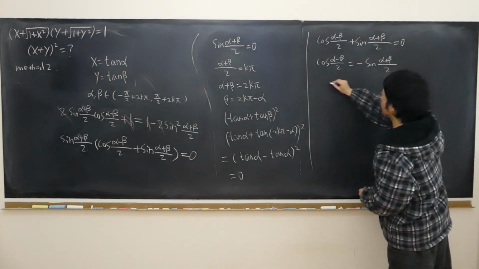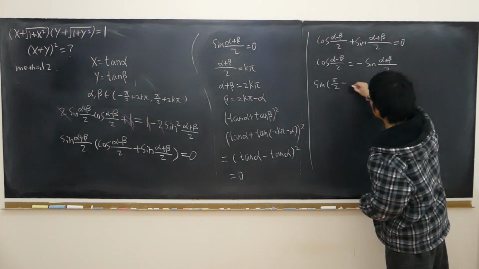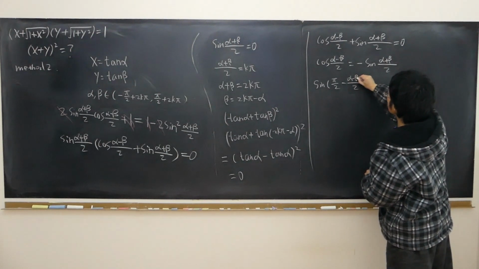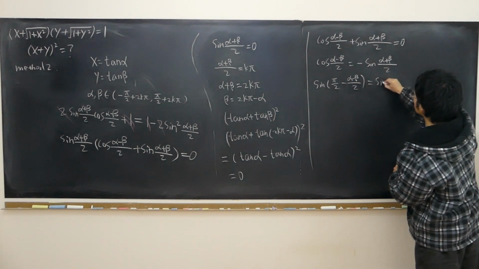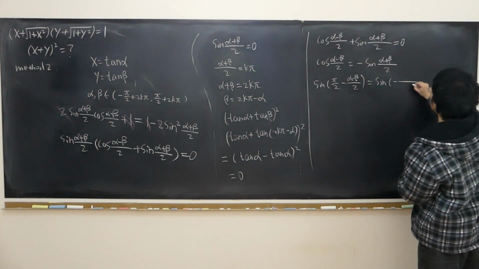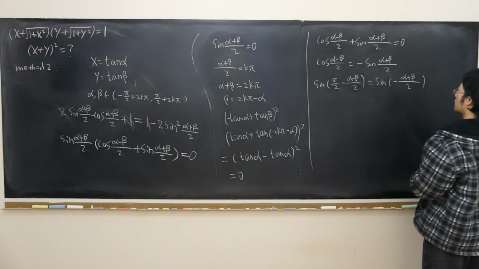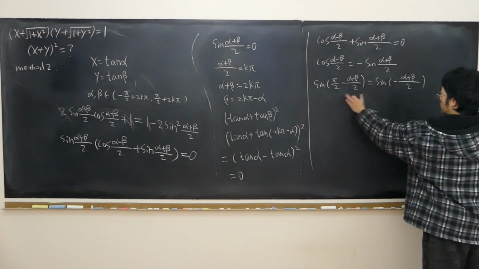So cos can be written as sine of pi over 2 minus the same angle, half of alpha minus beta, equals minus sine, which can be written as sine of minus half of alpha plus beta, since sine is an odd function. So sine equals sine, angle equals angle.